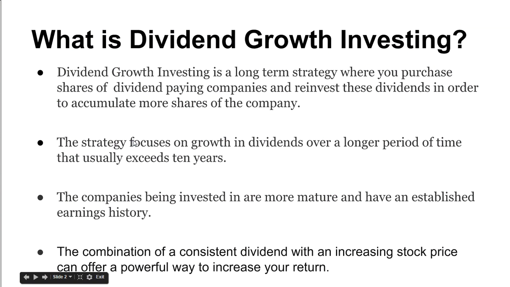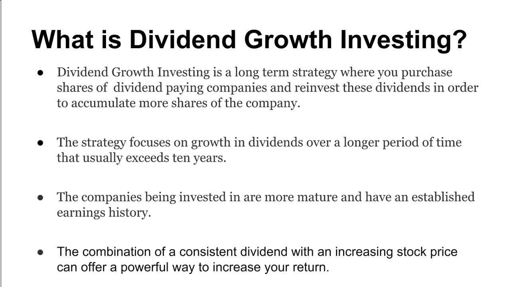So, what is dividend growth investing? Dividend growth investing is essentially a very long term strategy where you're purchasing shares of mature and stable companies, by that I mean companies that pay out quarterly dividends based on their earnings. When they pay out these dividends, you reinvest them to buy more shares of the company and accumulate a larger position in your portfolio moving forward.